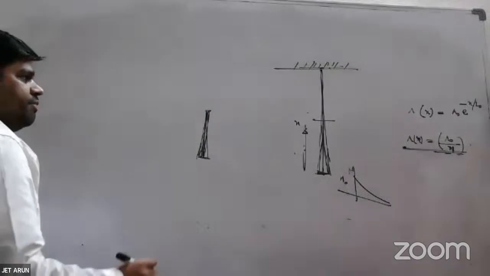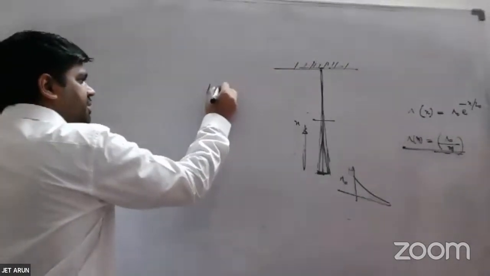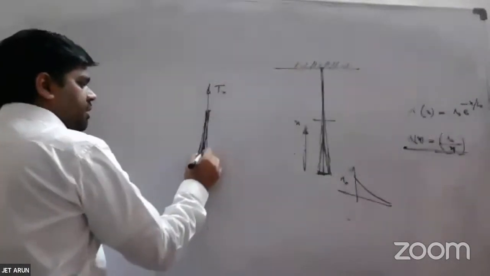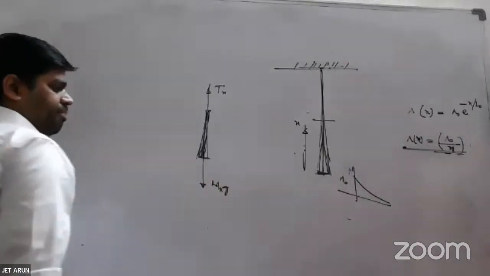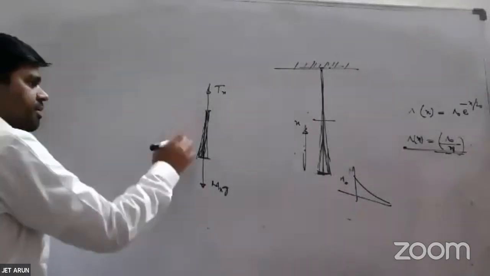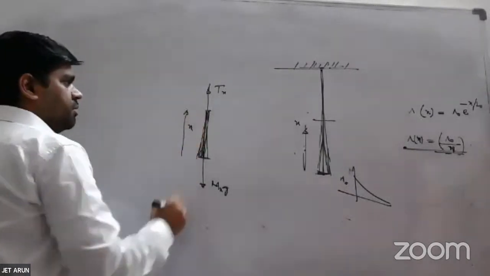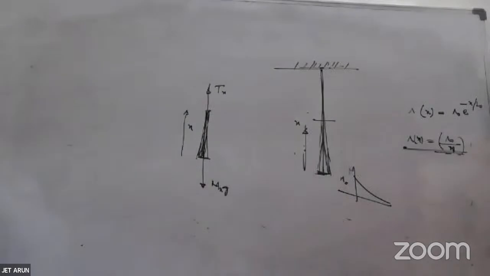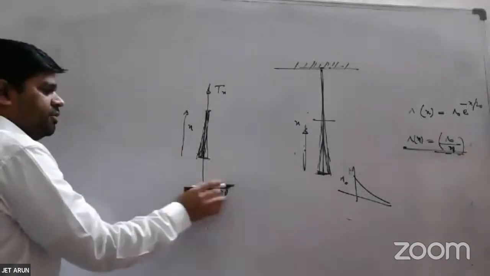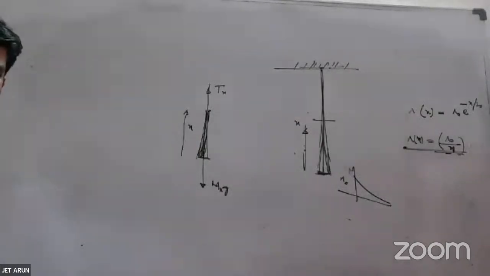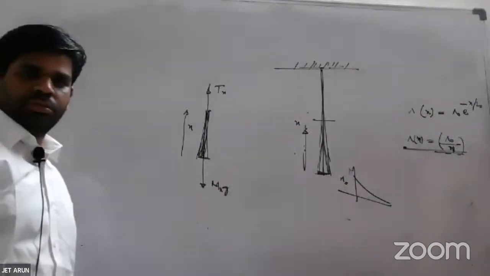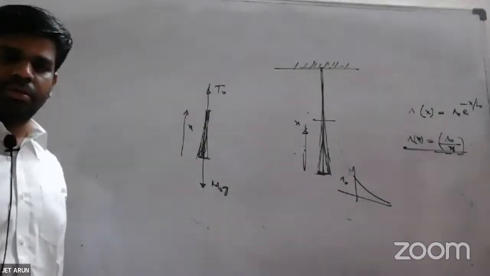All right. Now, if I section this at this point, this is my tension in the string, Tx, and this is counterbalanced by mxg, where mx is the mass of this part. So all I have to find out is the mass of this part into g, which will give me the tension. You all agree with this?